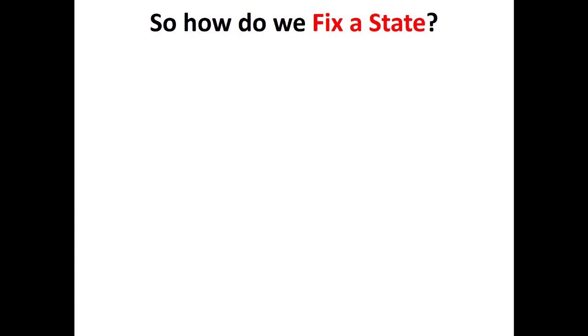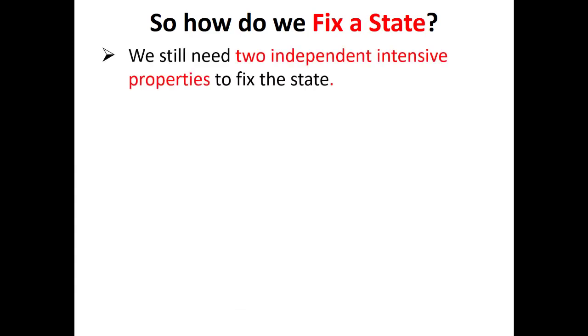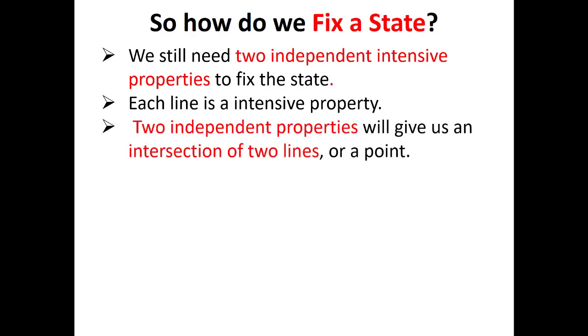So how do we fix a state using a graph like this? We still need two independent intensive properties. What's kind of neat about using these charts is each of these independent intensive properties is essentially a line on this graph. So each line is an intensive property. If I have two independent intensive properties, then I should have an intersection between those two lines, and that will give me a point.